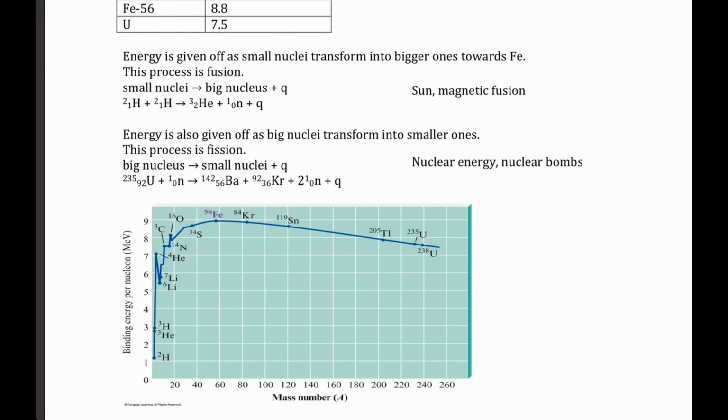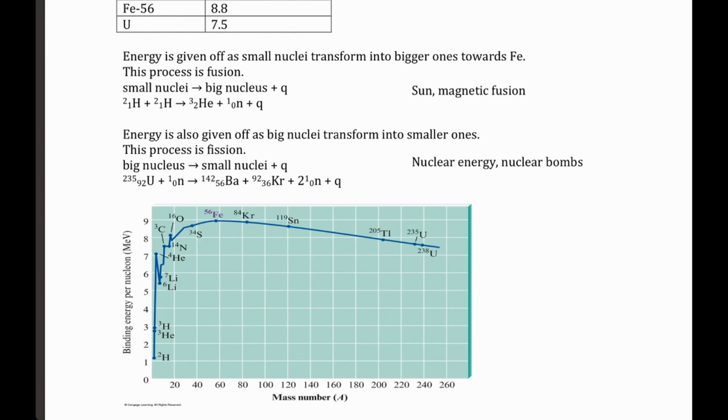And so what that reveals to us is that nuclei, small ones, are trying to become more stable. They're trying to go toward iron by combining with each other to produce bigger and bigger nuclei up to iron. And the big nuclei, they're trying to become more stable by breaking down, ultimately, again, to end up at the iron. So energy is given off as small nuclei transform into bigger ones toward iron, and that process is fusion.